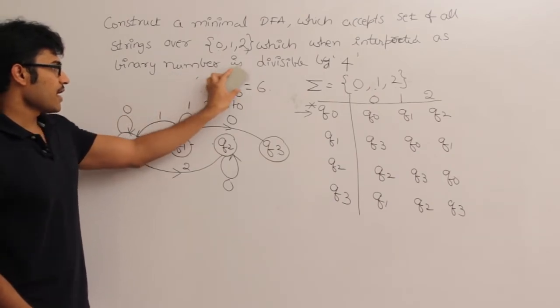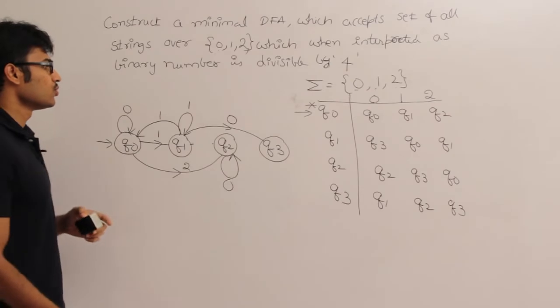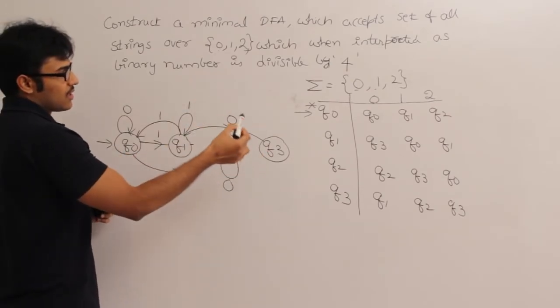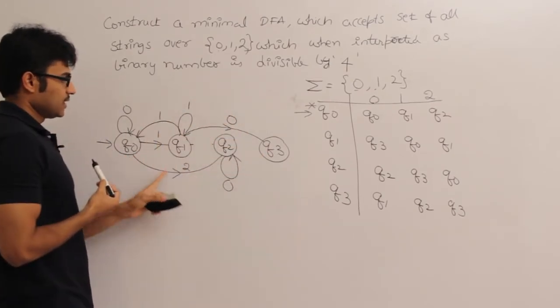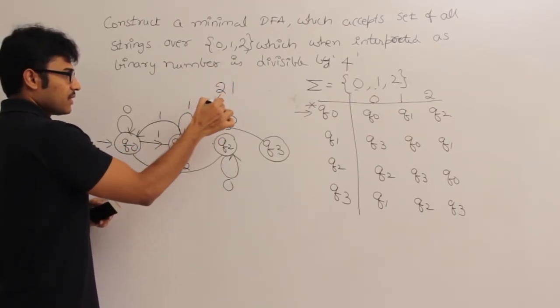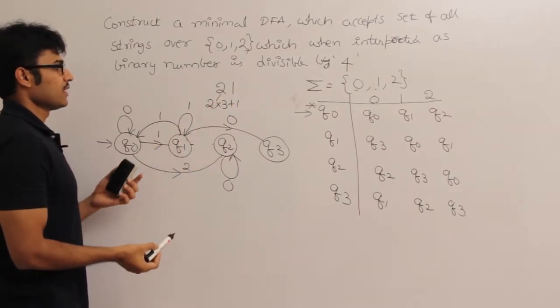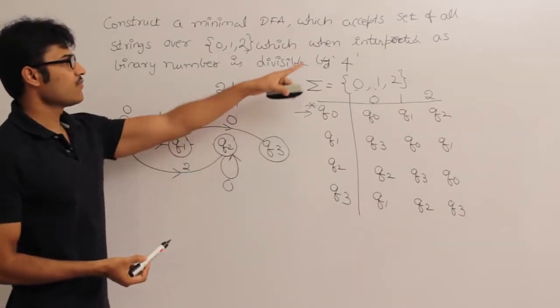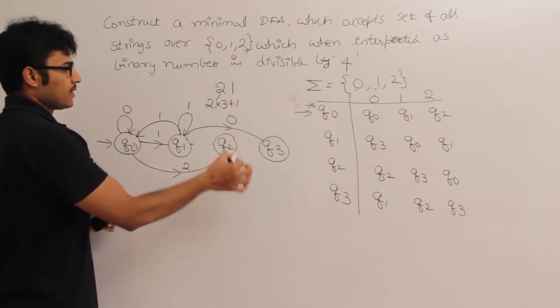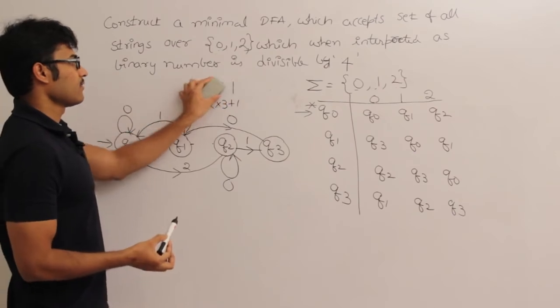Now if I am in Q2, I will see a 1. So after seeing 2, I might see a 1. What does it mean? Then it is 2 into 3 plus 1, which is equal to 7. So 7 when divided by 4 will give a remainder of 3. Therefore on 1 I'll be going to Q3.